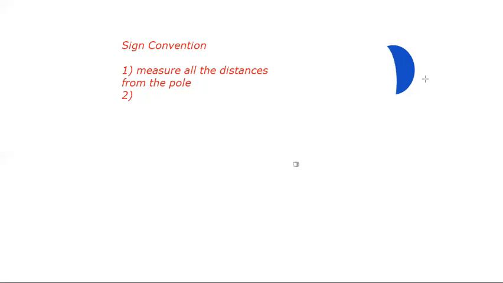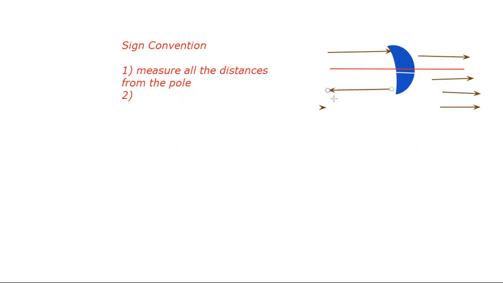If this is the spherical surface, this is the principal axis, and if rays are incident in this direction, all the measurements along this direction will be positive, and all the distances taken in the opposite direction will be negative.